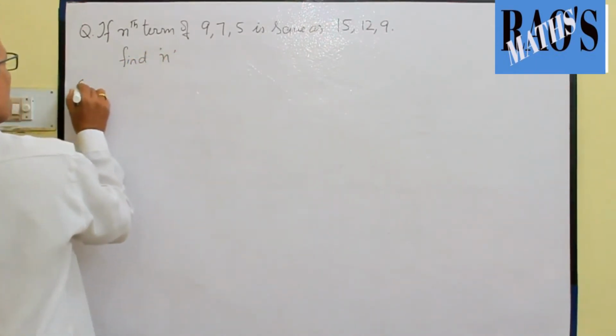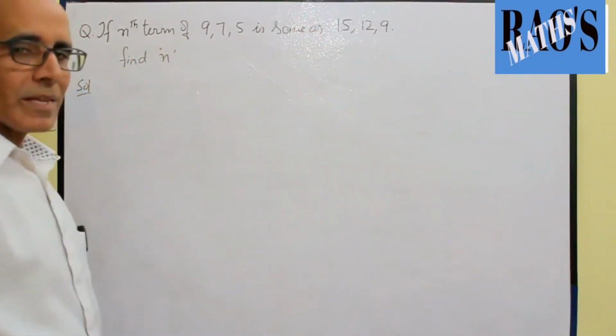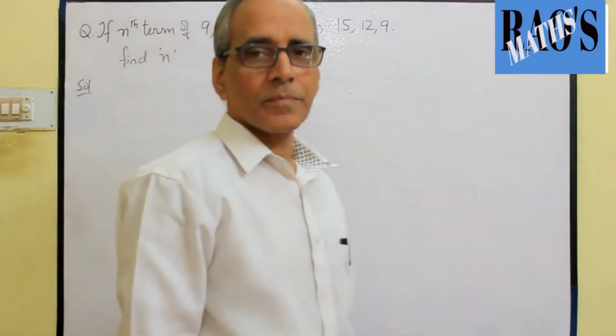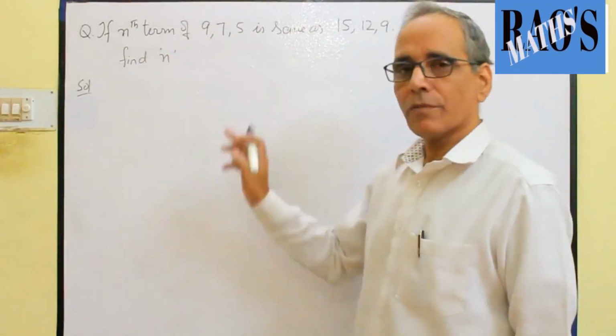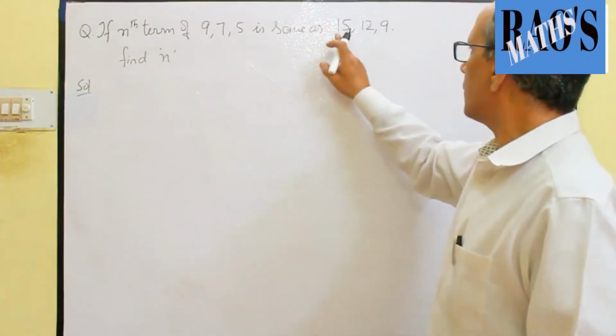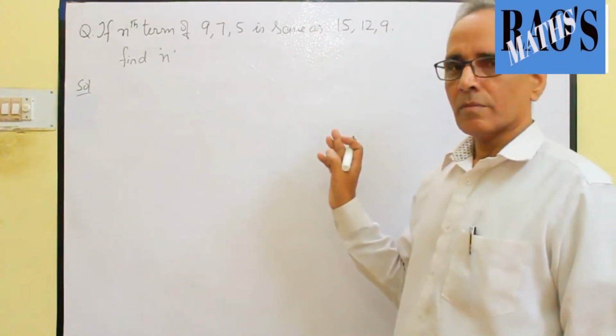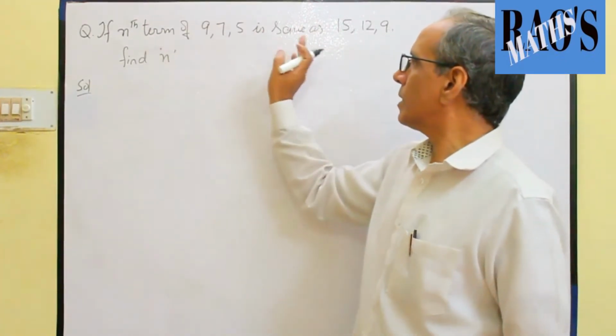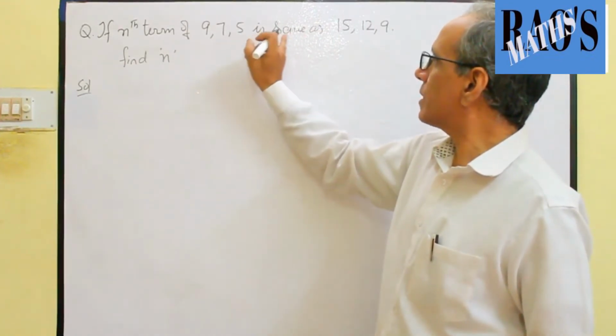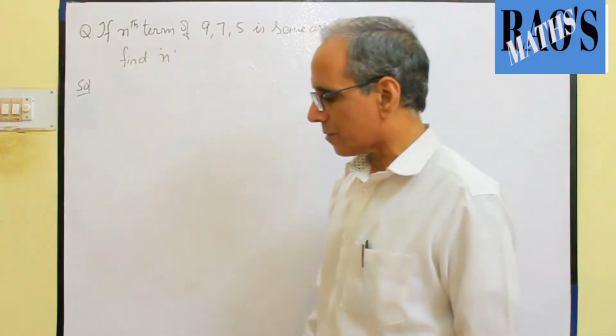Here we have two APs. The first AP is 9, 7, 5 and AP2 is 15, 12, 9. The question is, in both the series, the nth term is the same. What is the value of n?